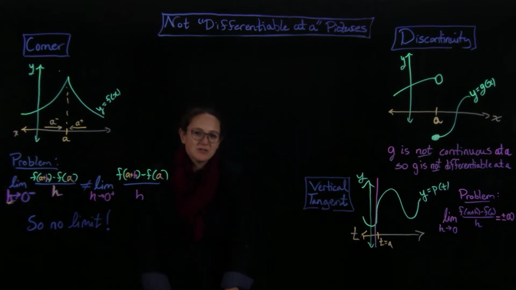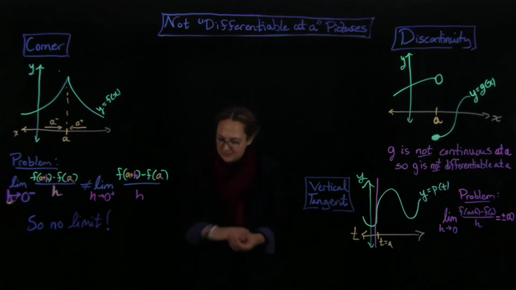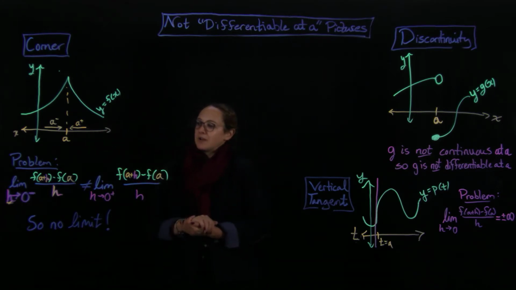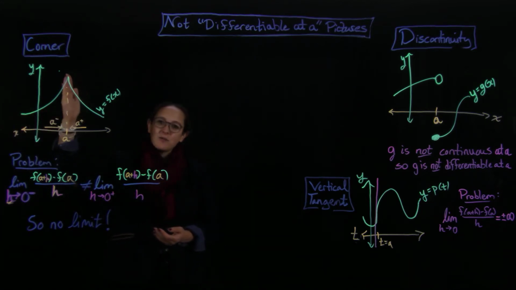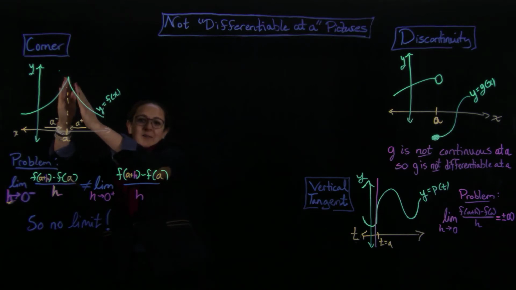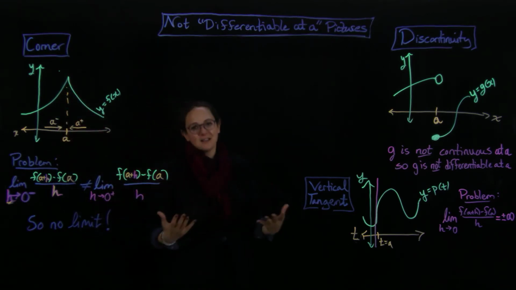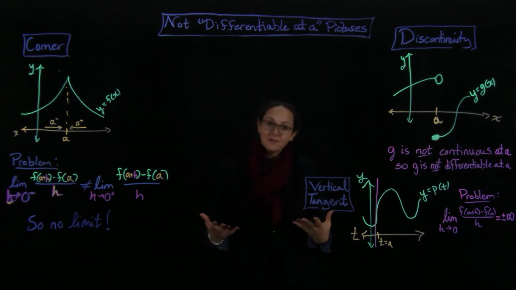So these are the pictures that go with some of the ways that something can fail to be differentiable at a particular value. For the first function, as I approached a from this side or from this side, my slopes looked different. They're not converging on something, and that's a corner. If your function's not continuous, it's definitely not differentiable.